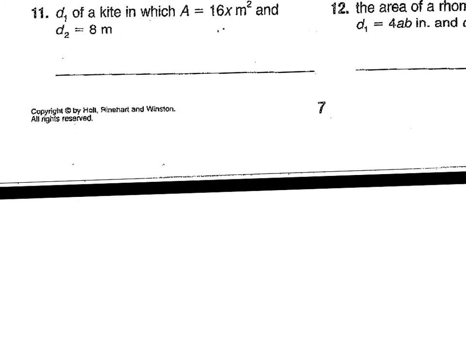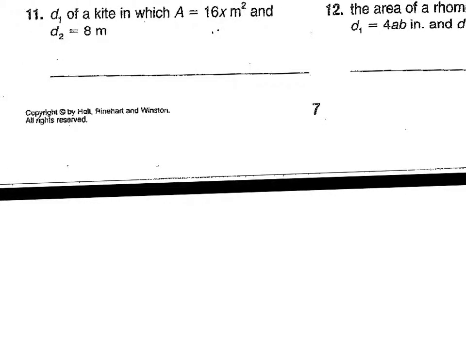Now let's go over number 11, something with algebra. Here's the same concept, but now we have variables. It's a kite, so we put the formula for the area of the kite. The area given is 16x. We're looking for diagonal 1.